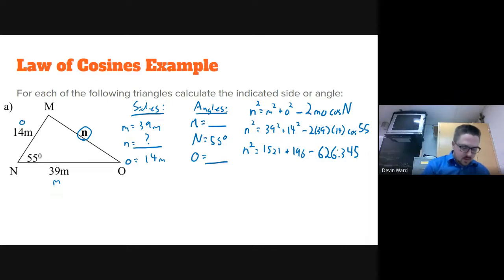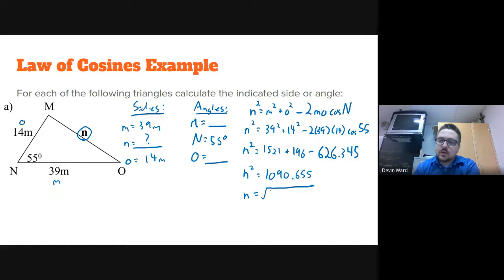Okay, add all these together: 1521 plus 196 minus 626.35 equals, so n squared equals 1,090.655. Now, we're not done because we still have the squared on our n.